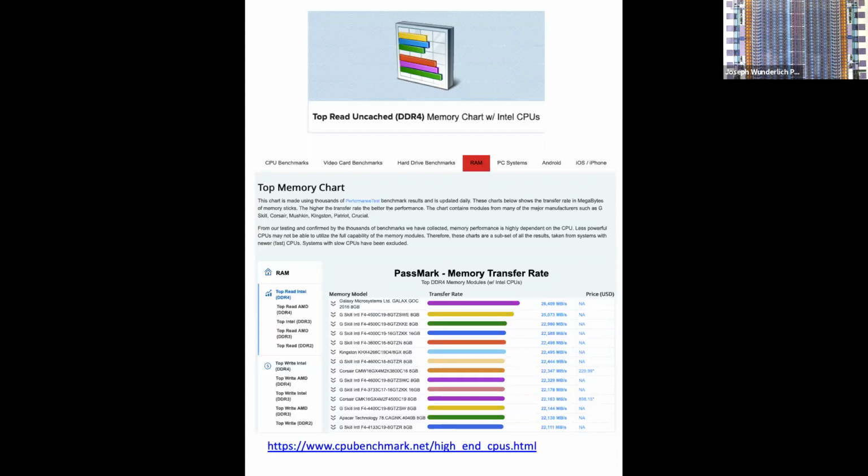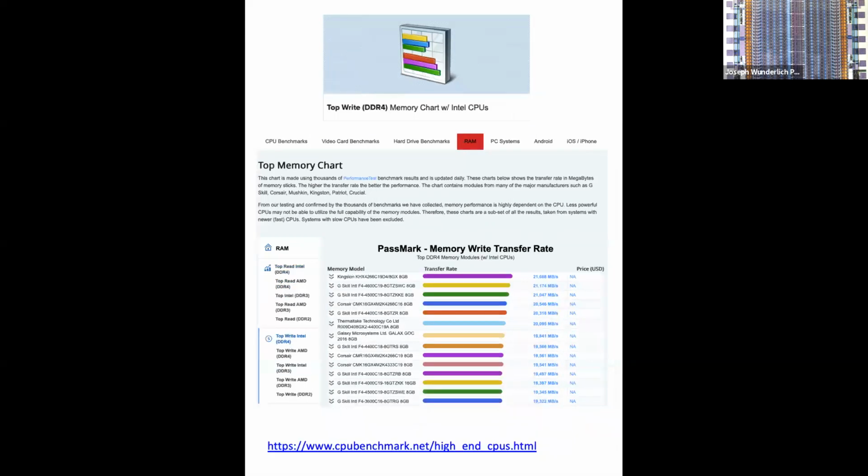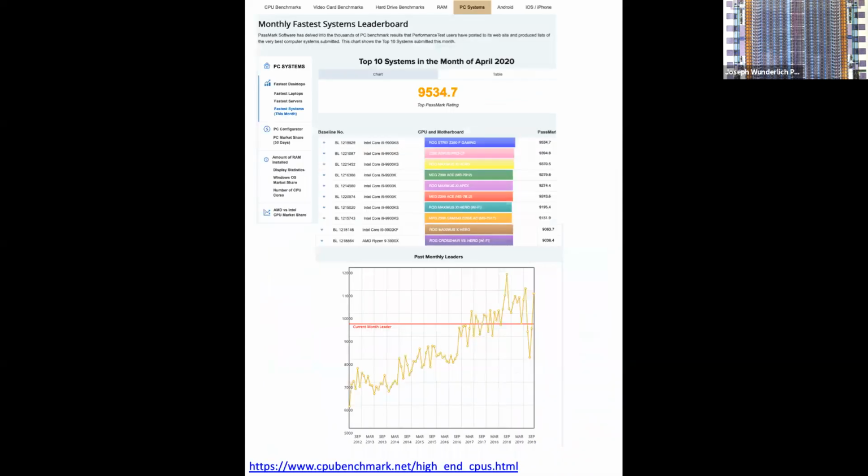This slide is for uncached read access, and then writes with DDR4. And then finally they rate here the top 10 systems in April 2020. You can take a look at that and how things have changed over time on the graph.